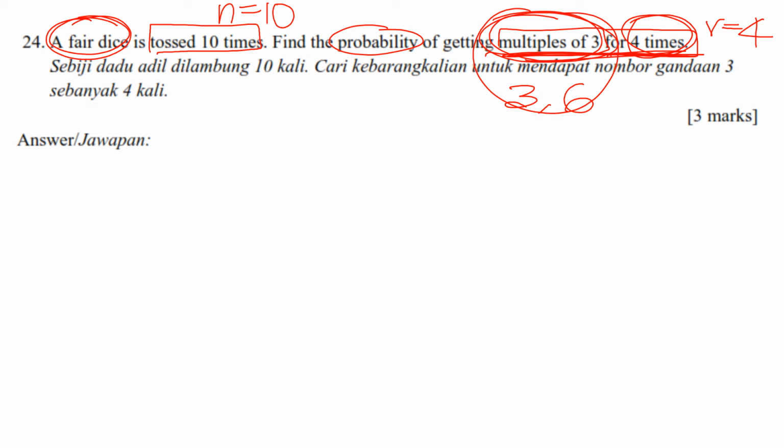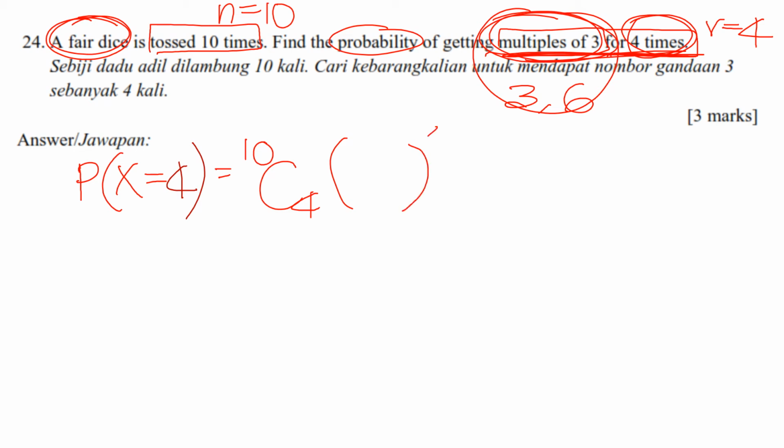So then you are going to come up with the formula where the probability of getting 4 times, r times, is equal to the trials, 10 choose 4 times, multiplied by the probability of success P to the power of 4, and the probability Q to the power of 10 minus 4.